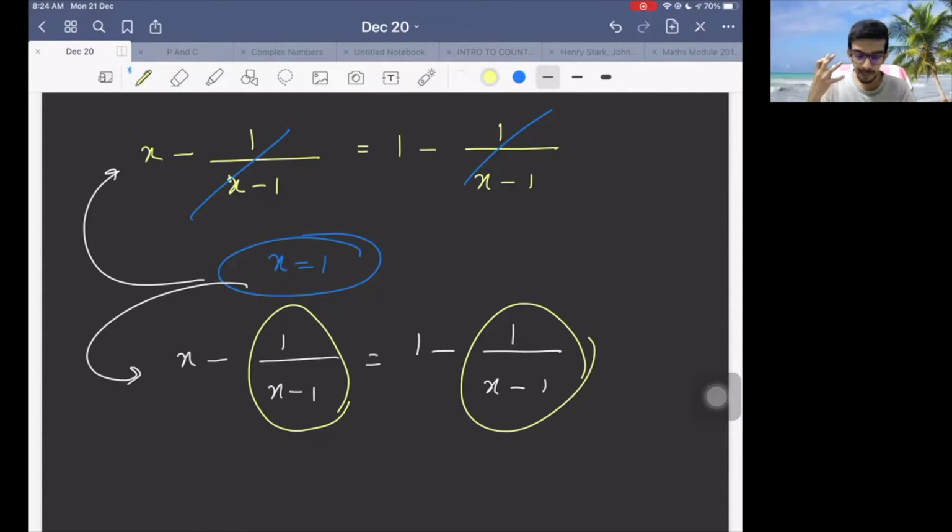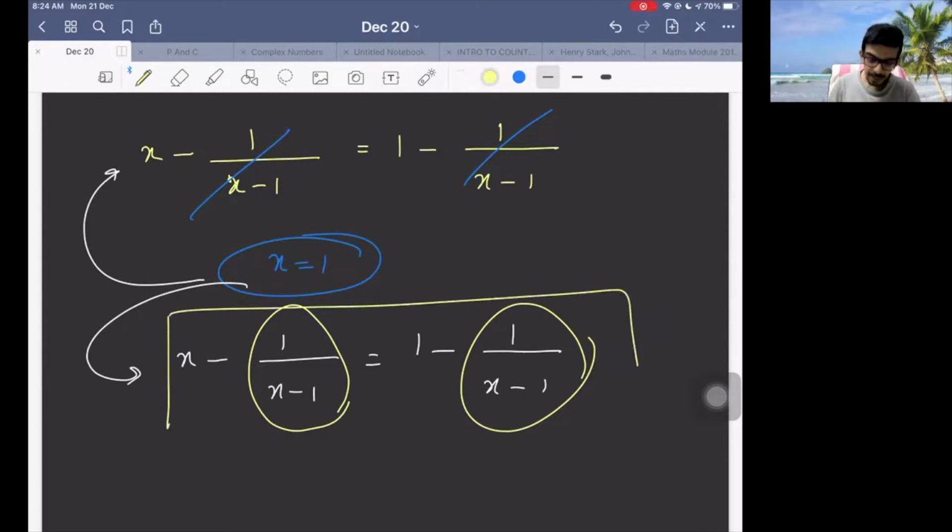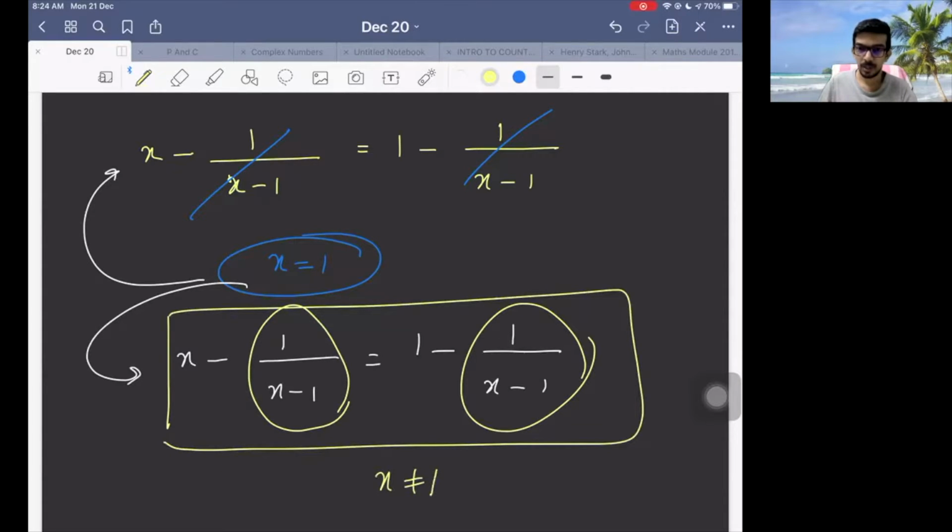So even though you might think that you have got the answer as x is equal to 1, you have to understand that this original equation is defined only when x is not equal to 1. So this equation will be true only if x is not equal to 1. When x is equal to 1, this equation does not make sense.